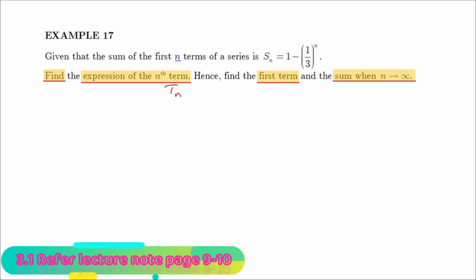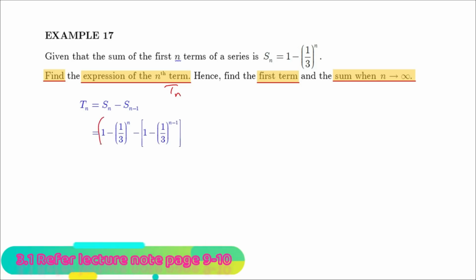So to find Tn, by using the Sn given, we have a formula: Tn equals Sn minus Sn minus 1. We already have our Sn, and now we have to find our Sn minus 1. To do so, we have to substitute our n minus 1 into our Sn as follows.